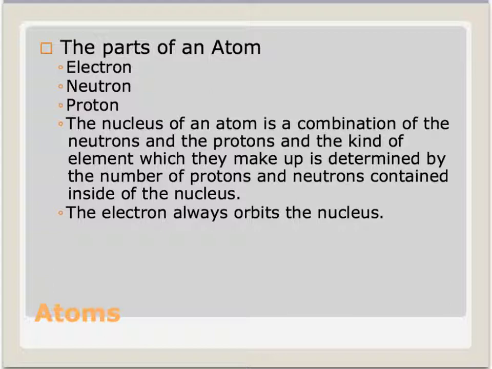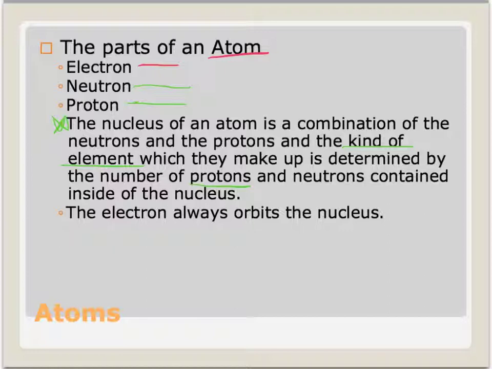So the 3 parts of the atom: the electron, neutron, and the proton. And then of course the nucleus here is a combination of the neutrons and the protons, and the kind of element, or the name of the element which they make up, is determined by the number of protons contained inside of the nucleus.